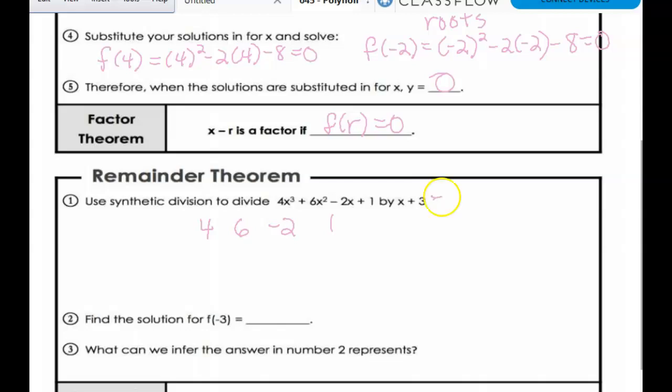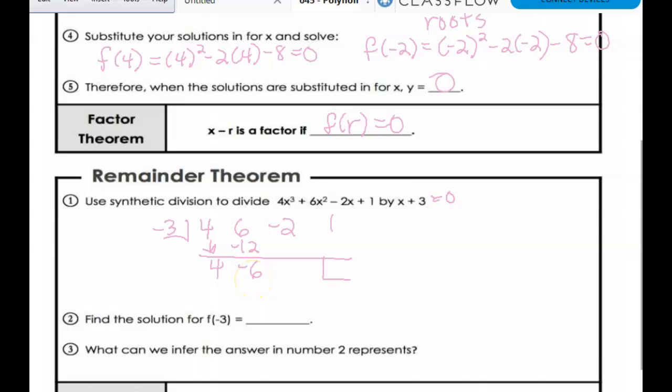Because if I set that equal to 0, then I would be testing -3. You leave a little space, draw the line. This is where the remainder goes. We start by bringing down the 4. So -3 times 4 gives me -12. 6 minus 12 gives me -6.